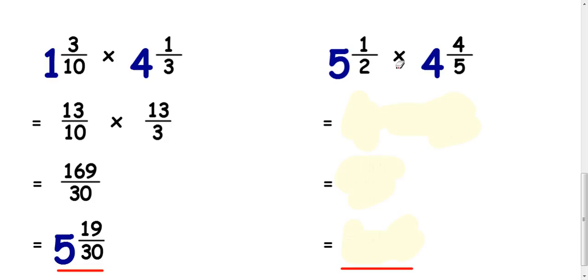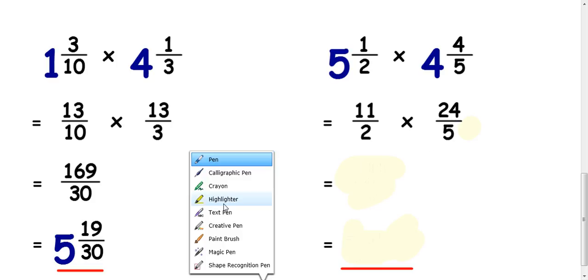Right, okay. Last one, 5 1/2 times 4 4/5. Top heavy fractions first. 2 times 5 is 10, add 1, 11 over 2. 4 times 5 is 20, add the 4, 24 over 5. Look for diagonal pairs that will cancel down on the same times table.